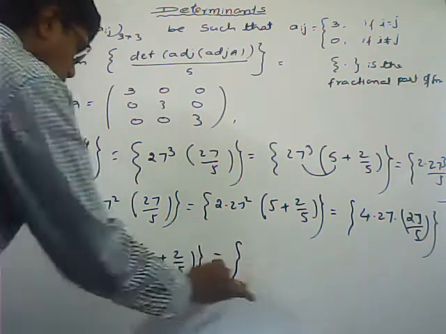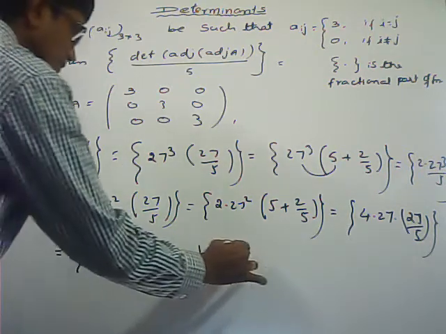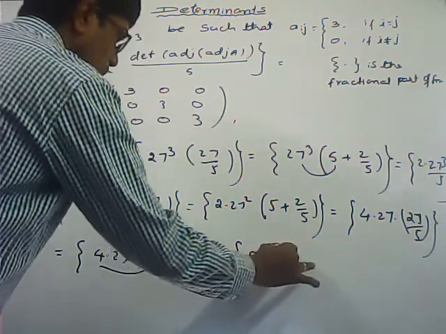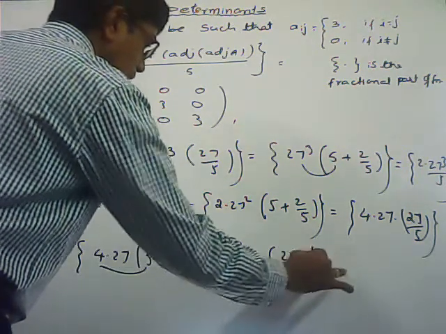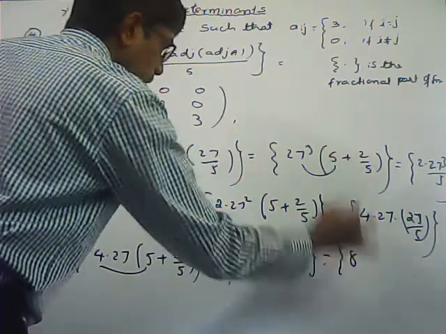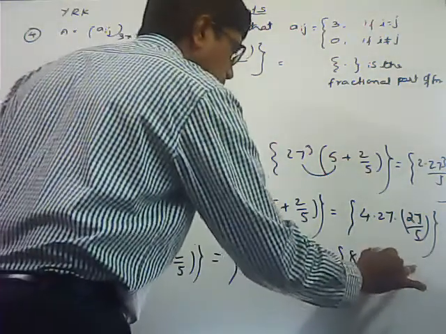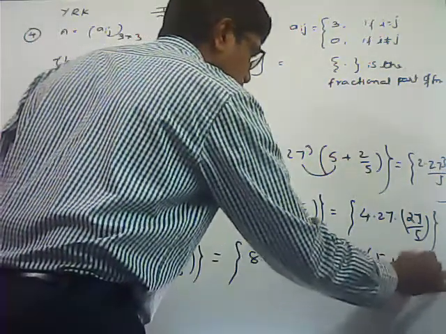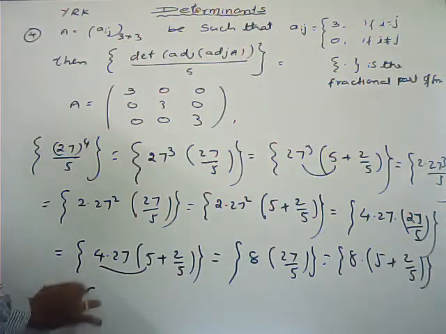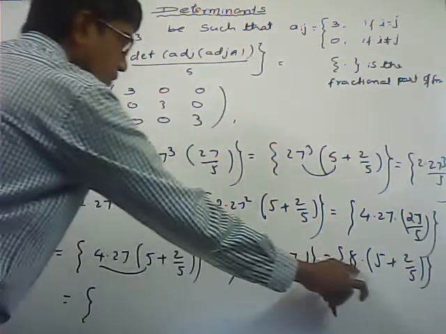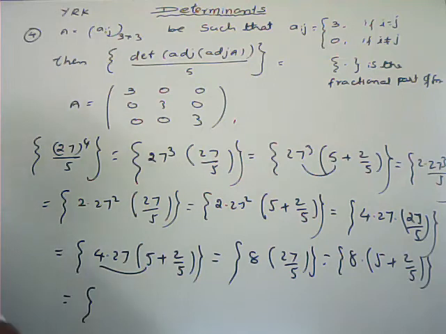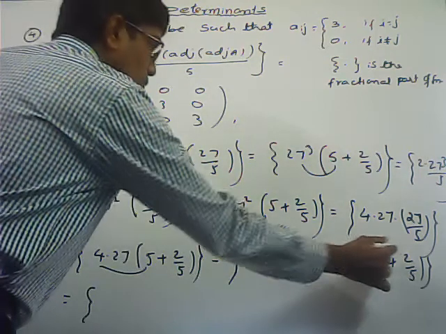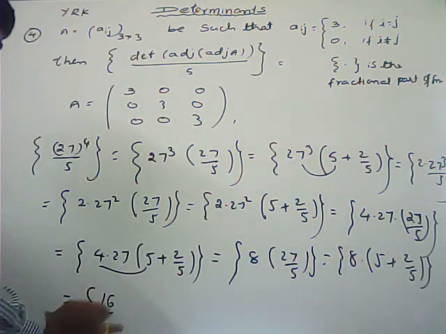That is equal to 4 twos are 8, 8 into 27 by 5. That is equal to the fractional part of 8 into 5 plus 2 by 5. That is equal to the fractional part of 8 fives are 40, which is 0 only for the fractional part, plus 8 into 2, 16 by 5.